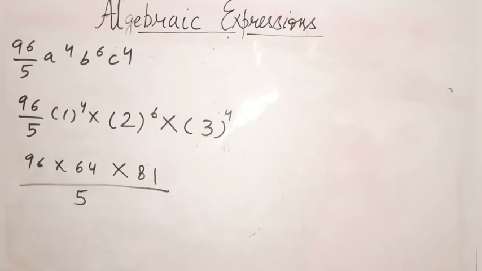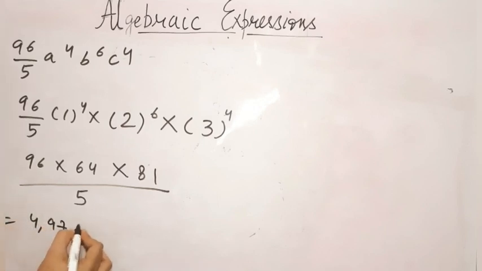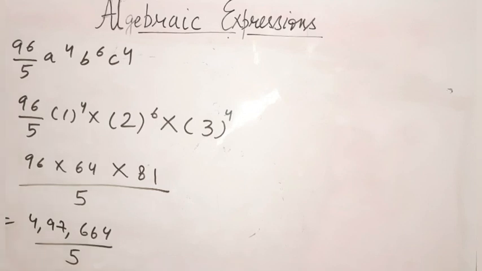Once you will multiply all these three numbers, 96 multiplied by 64 multiplied by 81, you are going to get the same number which we have obtained in the left hand side, that is 4,97,664 upon 5. Okay students, this will be the final answer. So we can say that LHS is equals to RHS, hence verified. So we have done all the questions of this exercise.